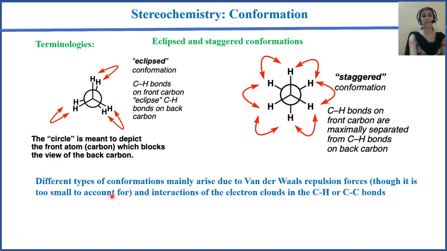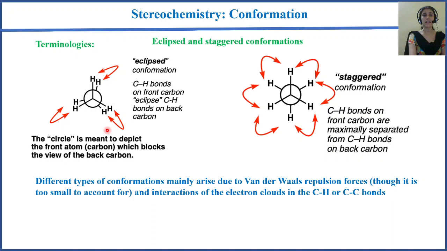Different types of conformations mainly arise due to van der Waals repulsion forces, though it is too small to account for, and interaction of the electron cloud in the CH or CC bonds.